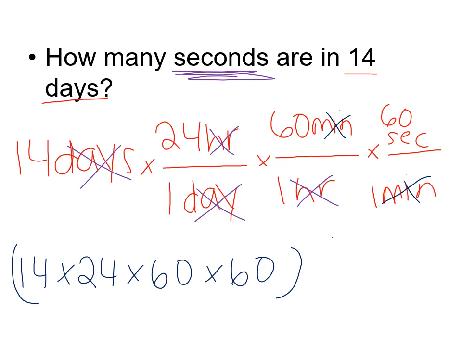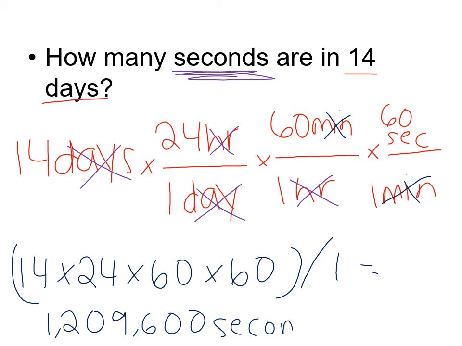So if you want to type in your calculator divided by 1, you can, but you don't have to. And that final answer is 1,209,600 seconds. And this is how we do dimensional analysis.